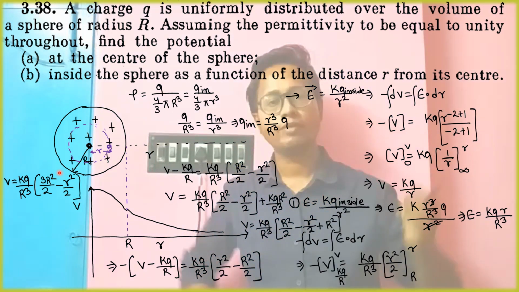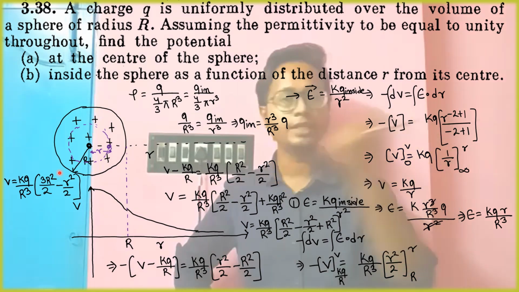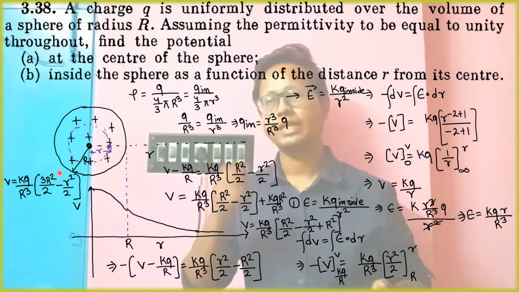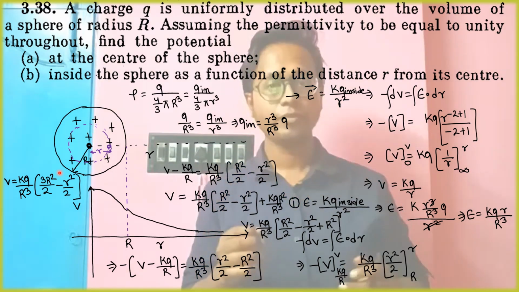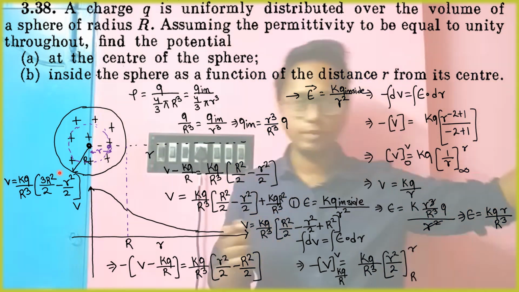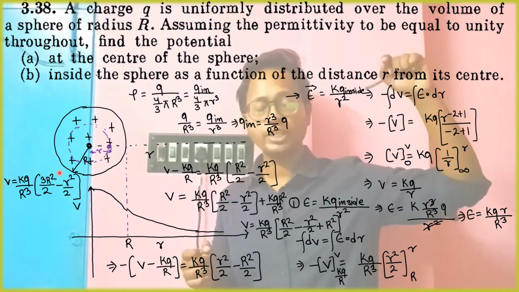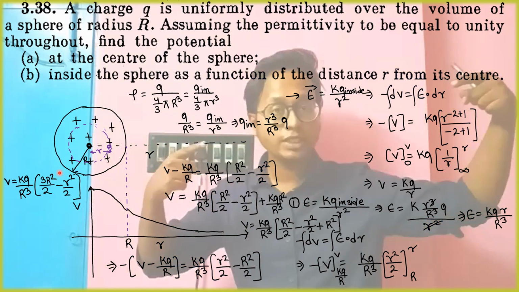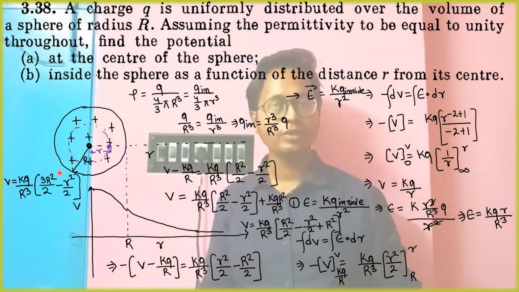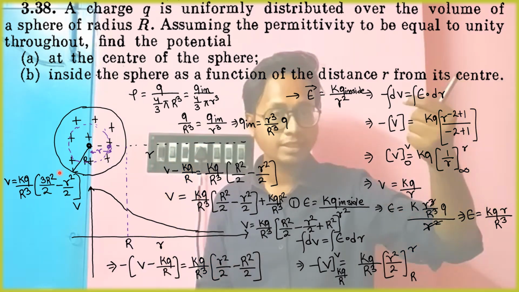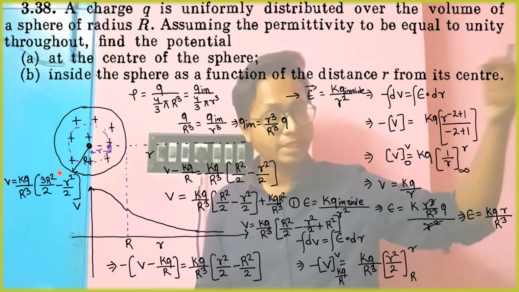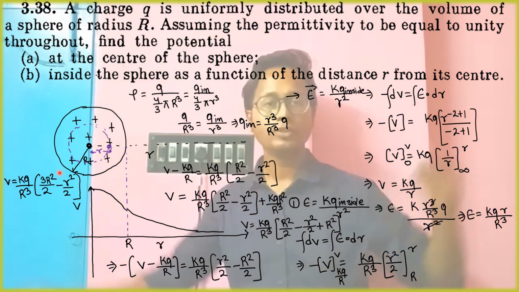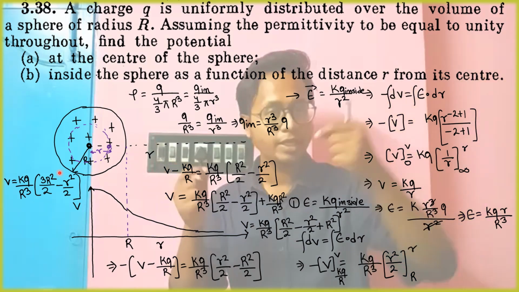This kind of graph is also important for the chapter of gravitation. I have to find out the potential from the surface of the earth to the center of the earth. But in the chapter of gravitation, infinity is the datum line. Reference line is infinity. Potential energy at infinity is 0. But gravity forces are attractive in nature, no? So displacement is in the direction of gravitational force, isn't it? So work done by gravitational force would be positive.